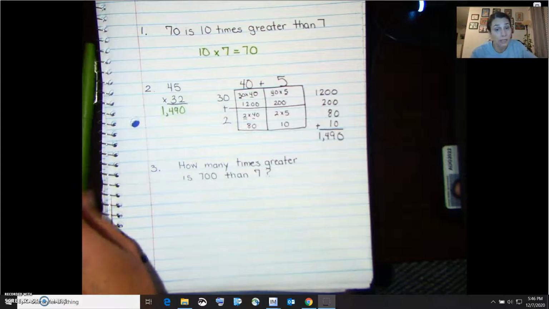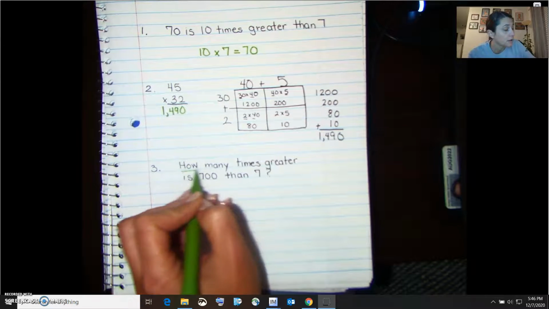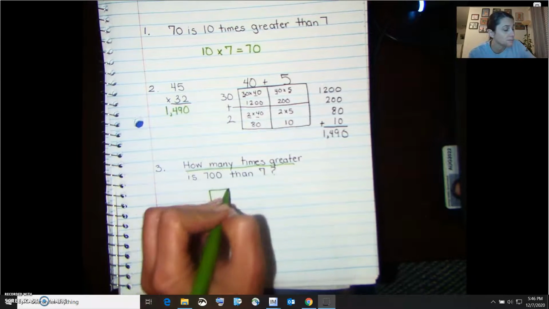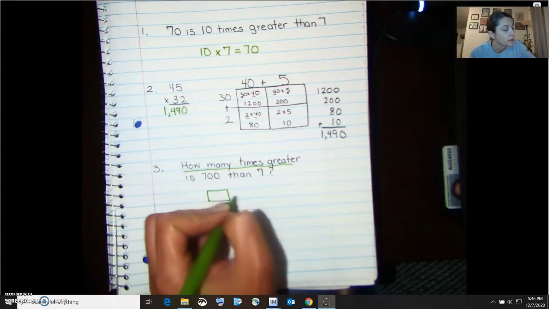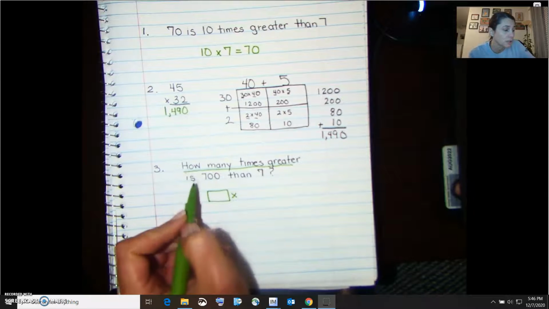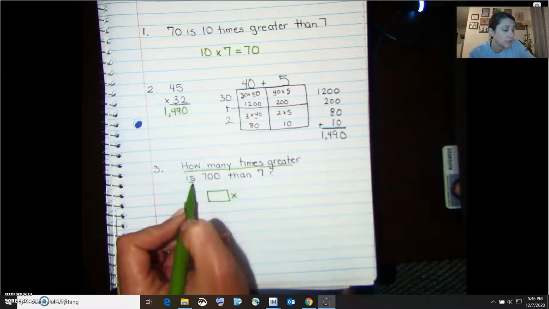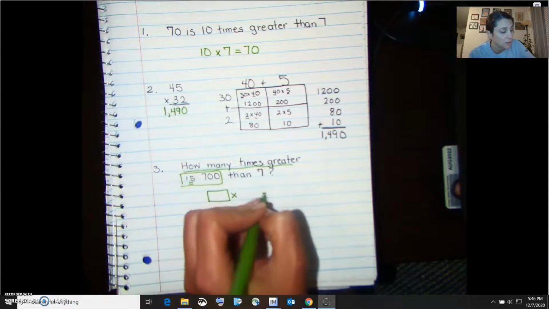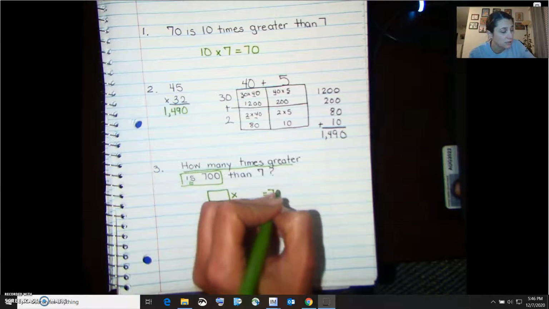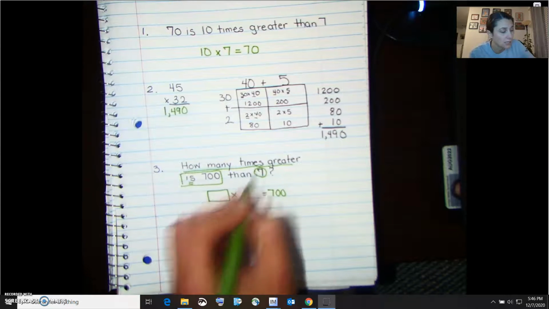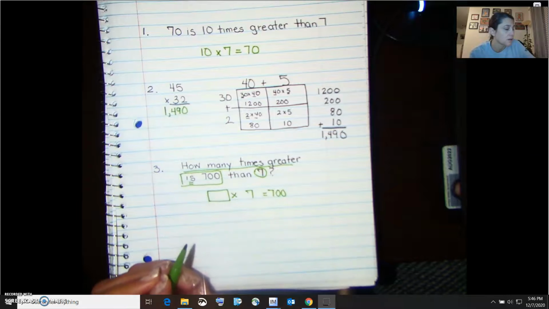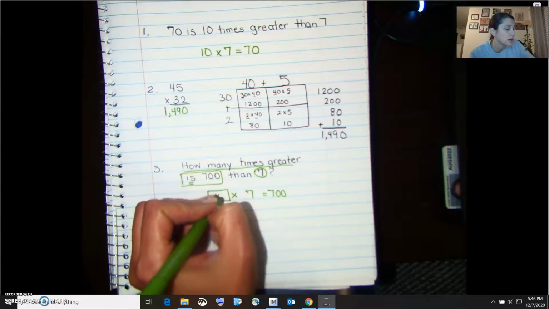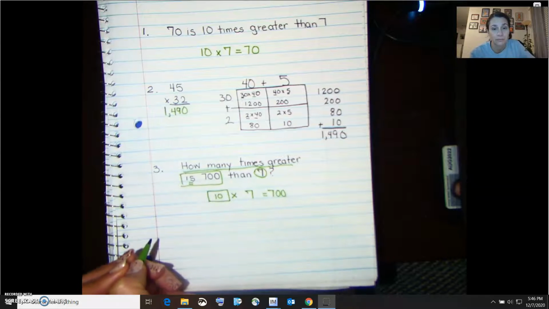Okay, I know Miss Corbin likes me to underline it, and that means it's a box. And I put multiplication. She wants me to say is and box up that 700, so I know is 700, and then this last number goes here. So I'm going to say that this is 10 times greater.